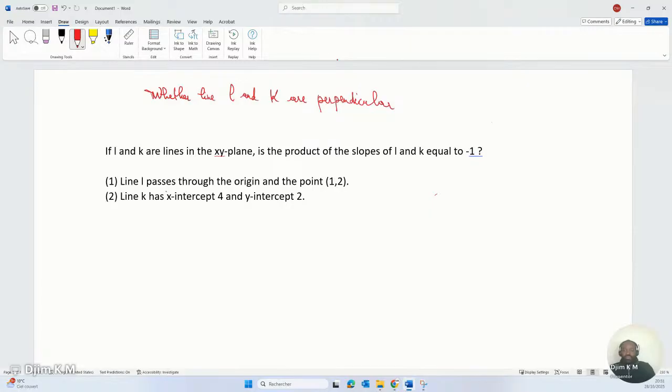Okay. Are they perpendicular to each other?